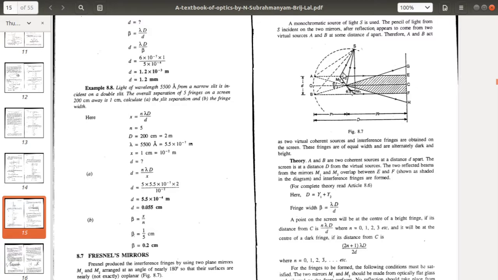This light falling on these surfaces gets reflected and will go along this line, and this light falling on this will get reflected along this.